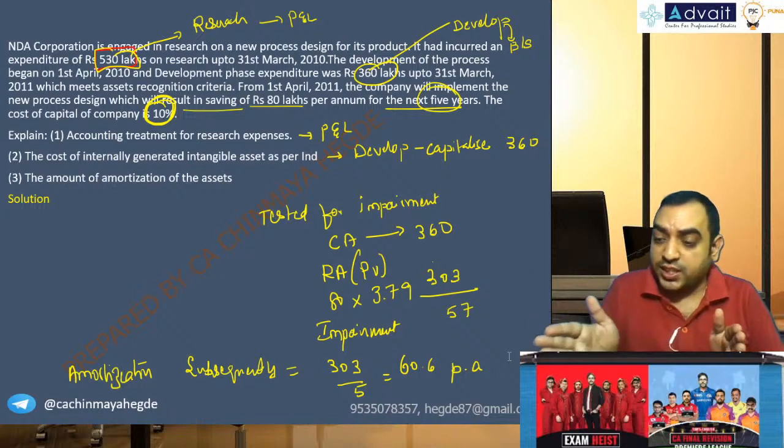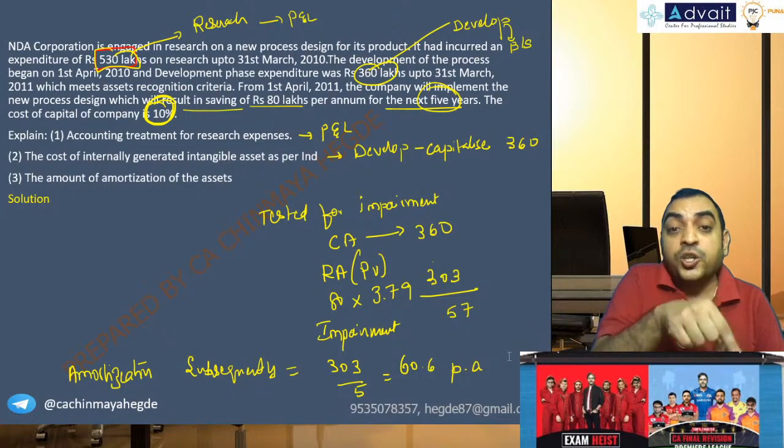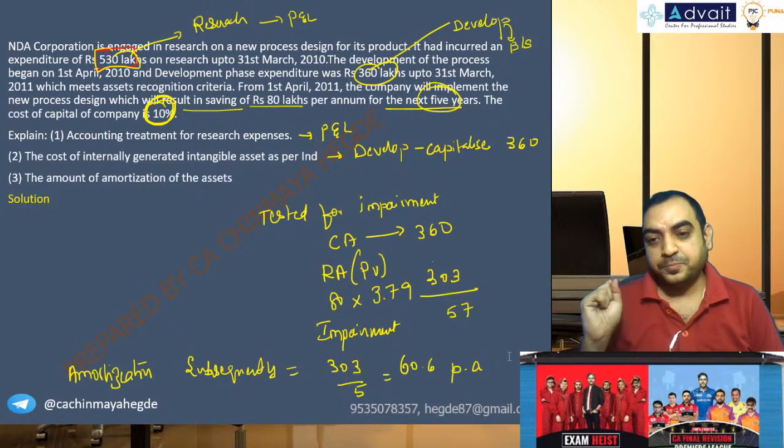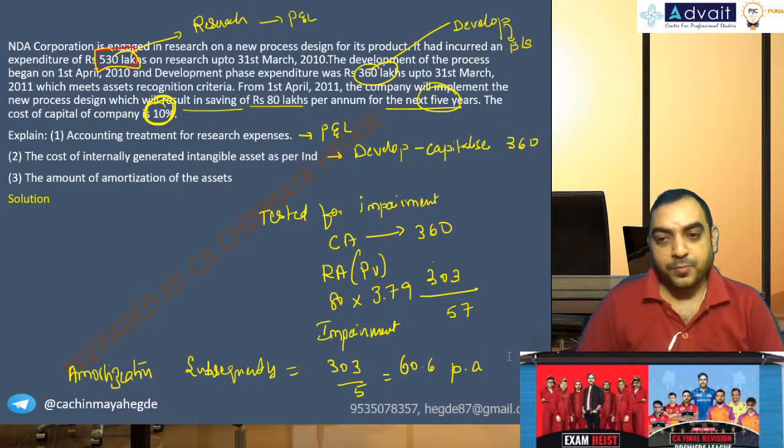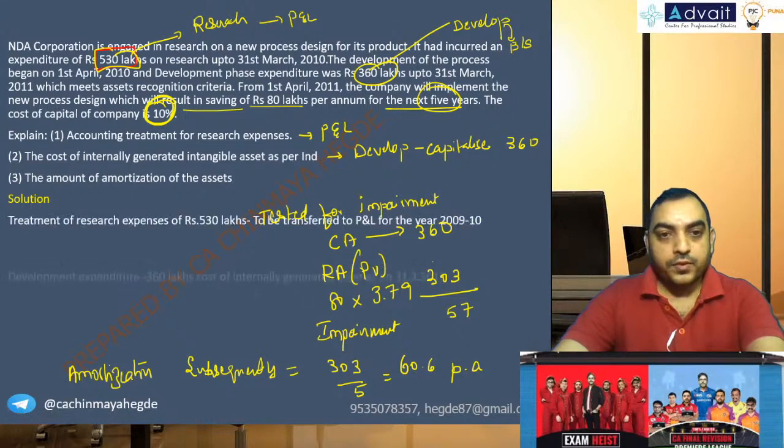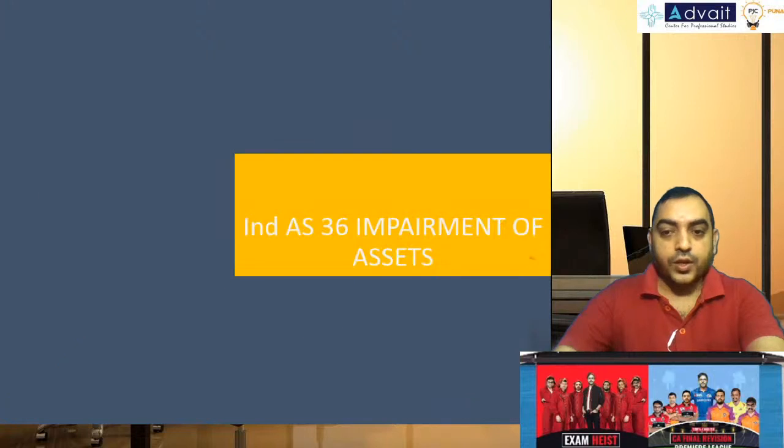So capitalization is throughout the year, impairment on reporting date. Okay, shall we go to impairment in Ind AS 36?